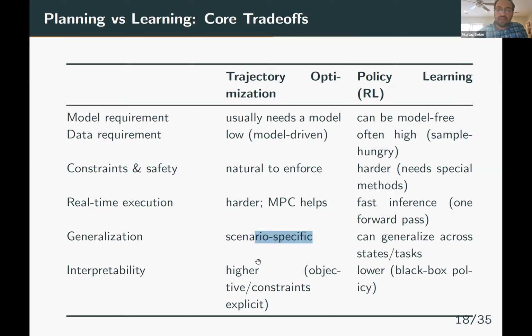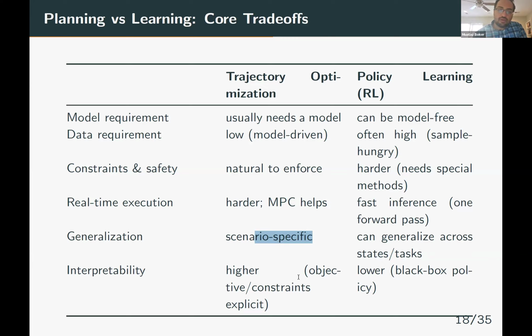Okay, another one is stability. We can prove stability in an easier way, or relatively easy compared to reinforcement learning.